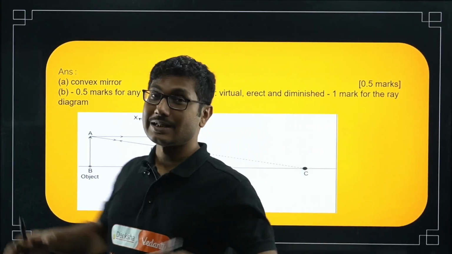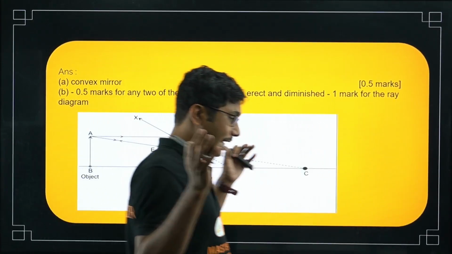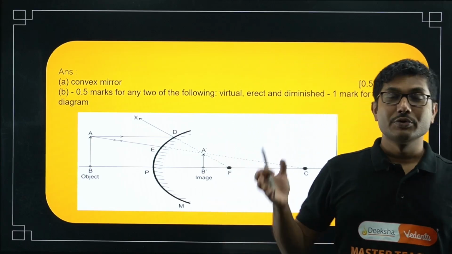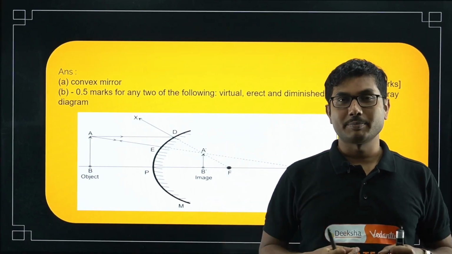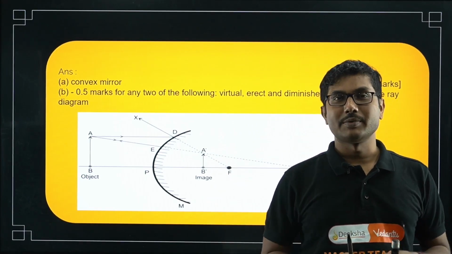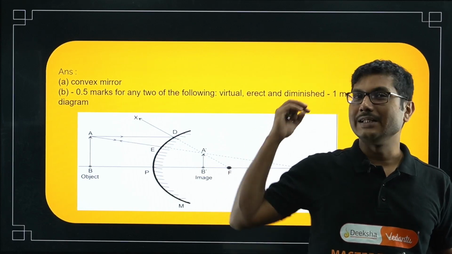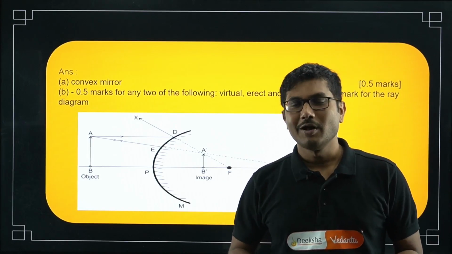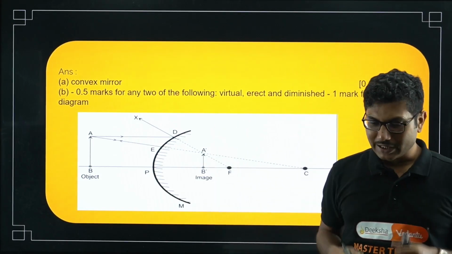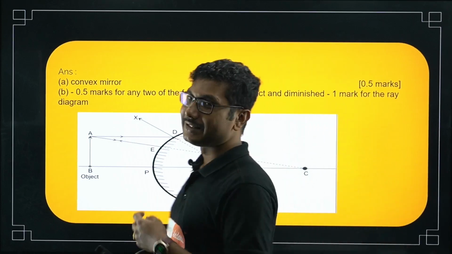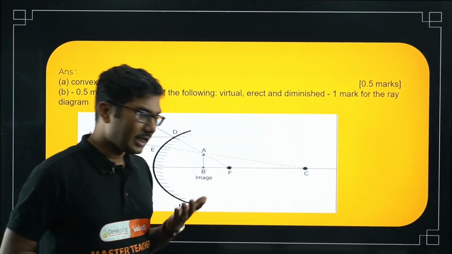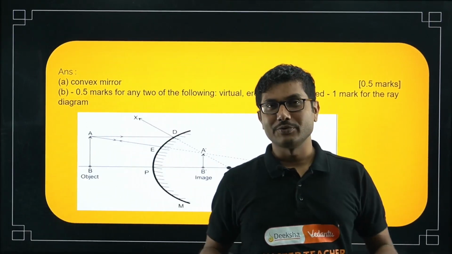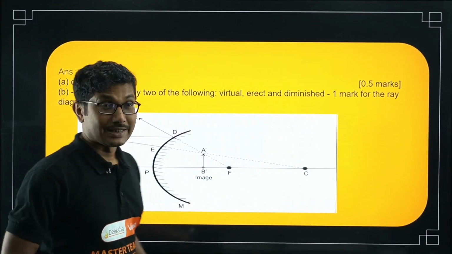So that's why, because it has a large field of view, a person sitting in front of the mirror at a particular angle can see whatever you are doing in the shopping mall, but you will not be able to see him. So that is why it is used. Similarly, this is a mirror used to check what is underneath your car if you are visiting a very sensitive area.